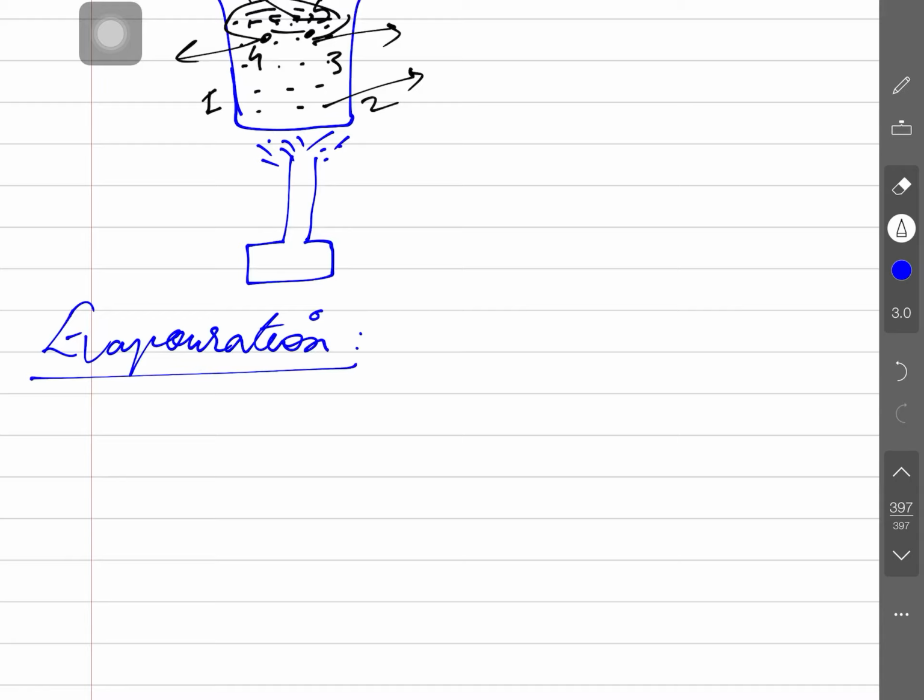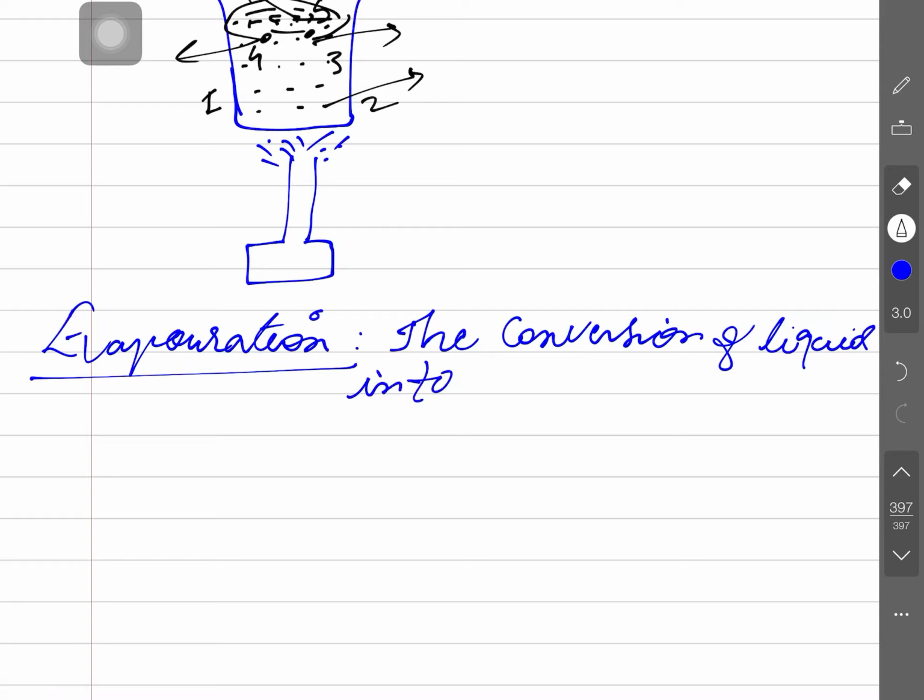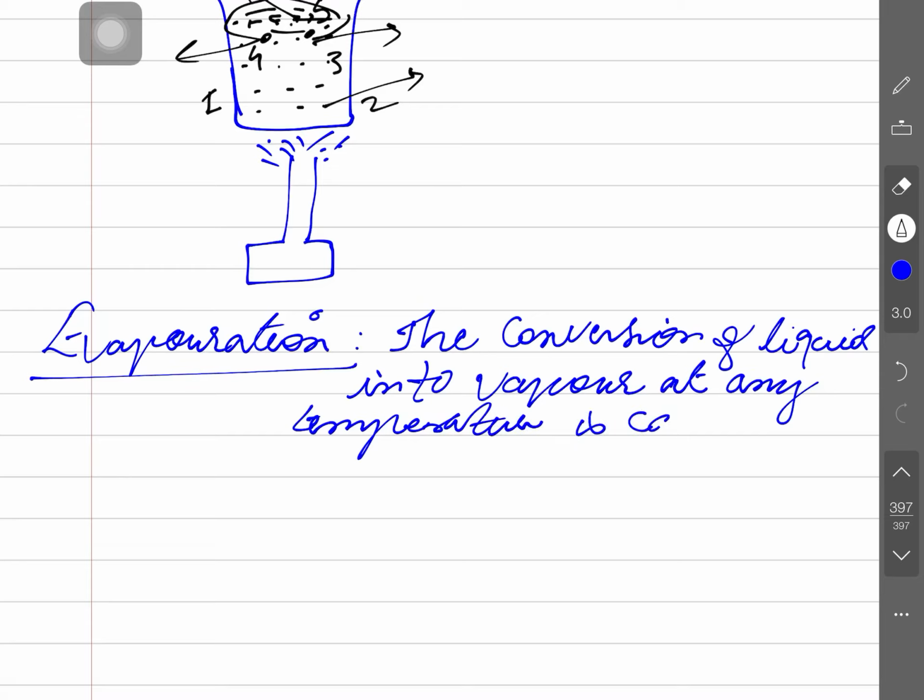As you have seen here, evaporation is called a surface phenomenon. So we can write here: the conversion of liquid into vapor at any temperature is called evaporation.